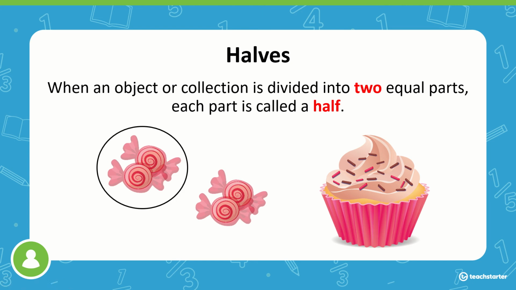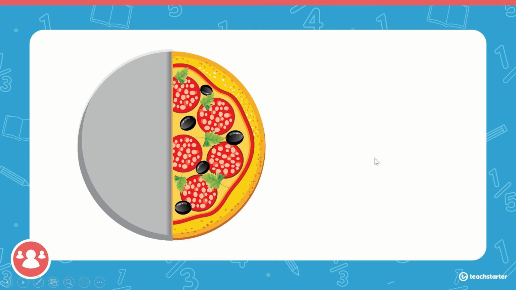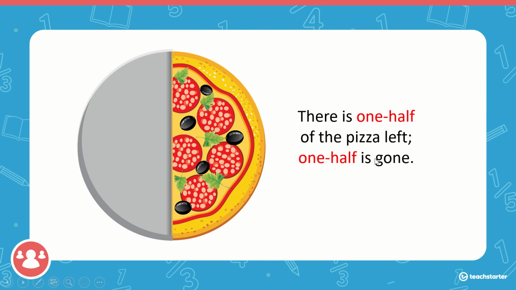For example, if this group of lollies were split into half, then this is half of the group of lollies, so 2, because there used to be 4 in the group, but then you've split them into half. Or if you have a whole cupcake and then you split that into half. Or you might have 1/2 of a pizza left and the other half is gone.